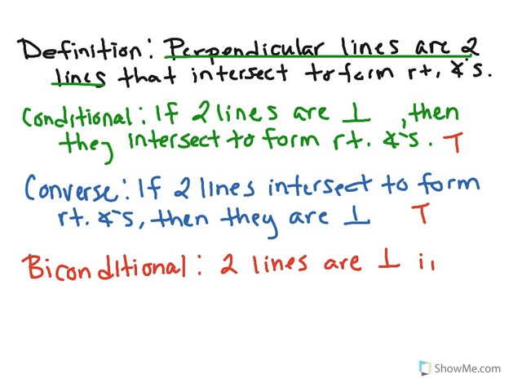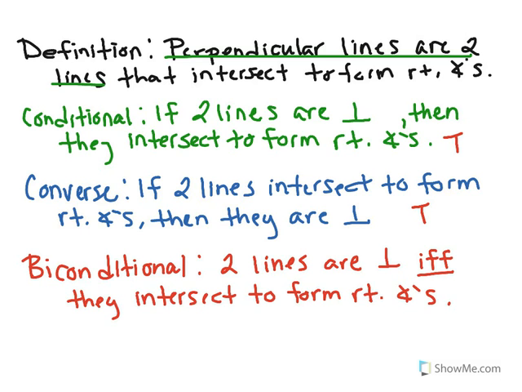Now I have to connect this to the conclusion with if and only if. And the next part is going to be that they intersect to form right angles. All right, there we go. Since I can write this statement as a biconditional statement, and all of my terms are clearly defined and all of my information is precise, I know that the original definition is a good definition. And that concludes this tutorial.